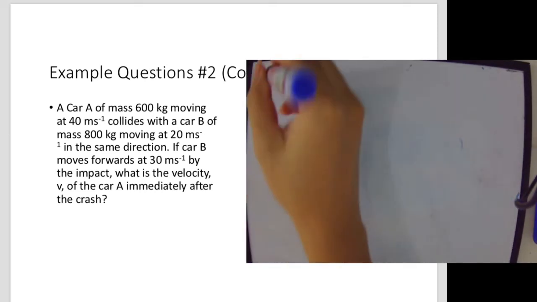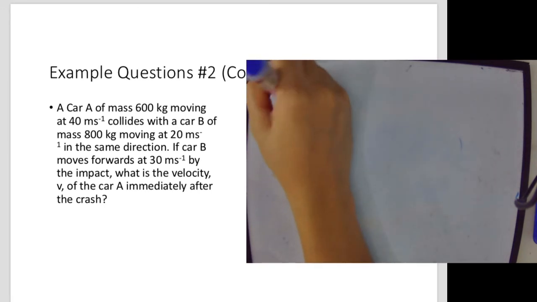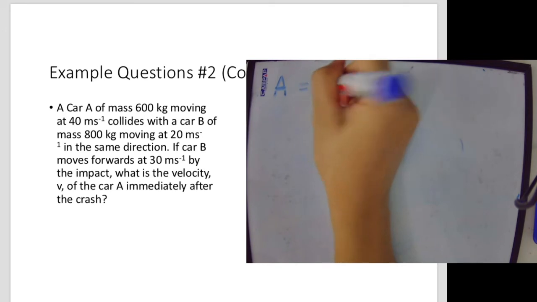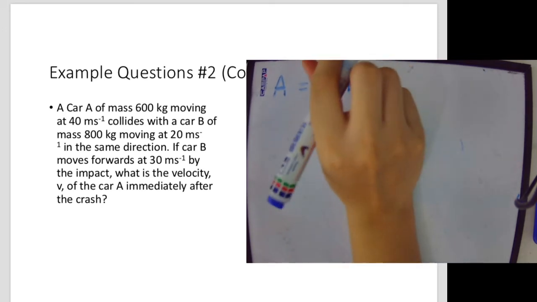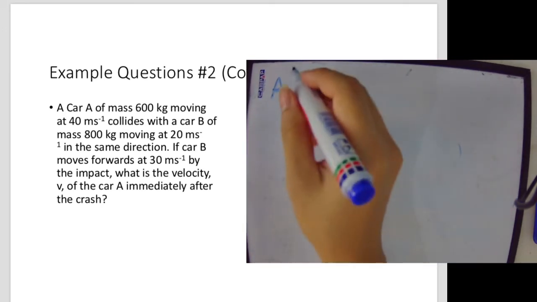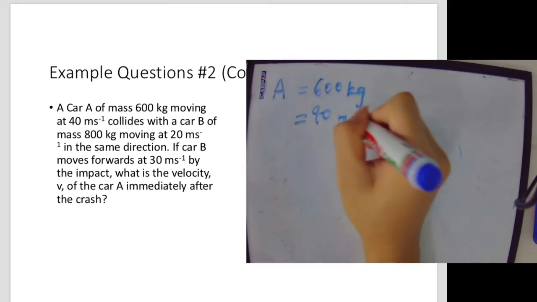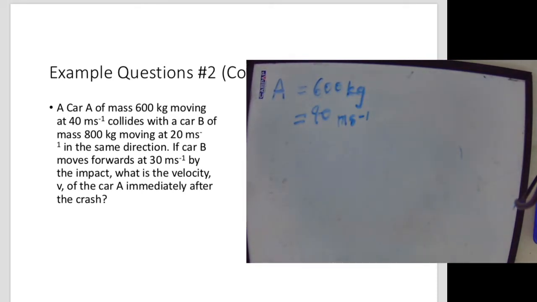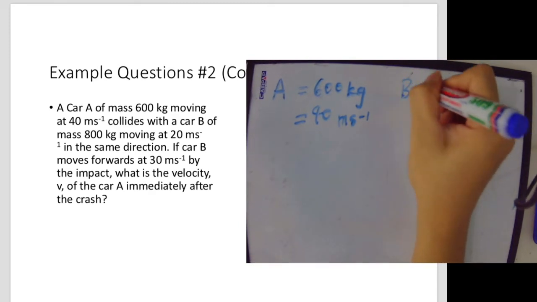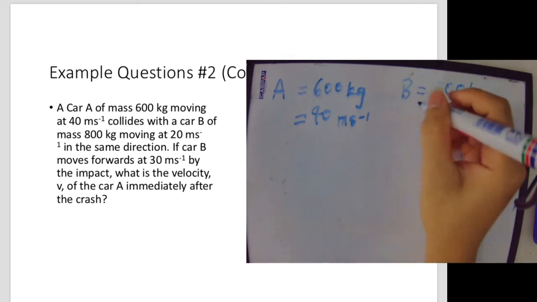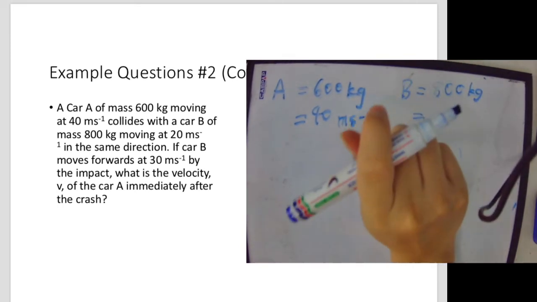A: 600 kilograms and 40 meters per second. B: 800 kilograms and 20 meters per second.